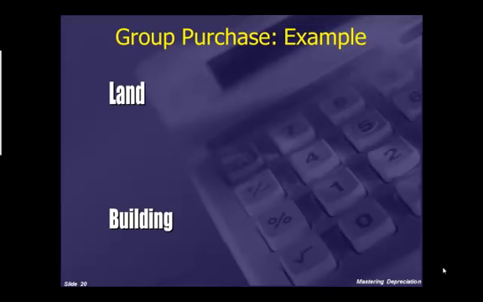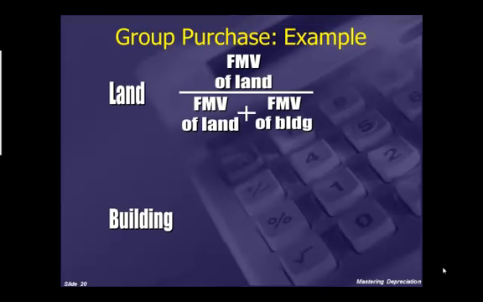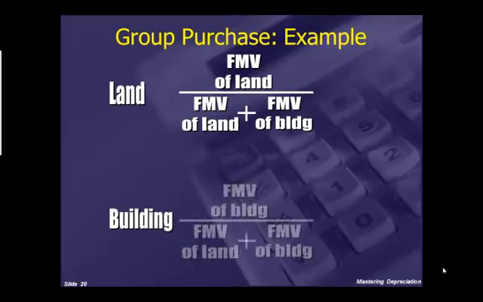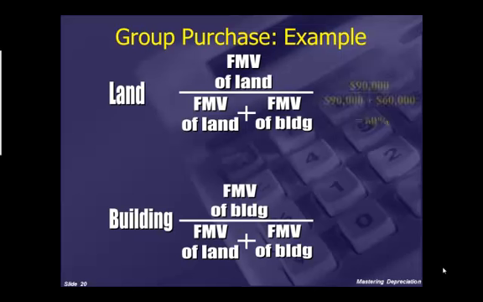Well, here's how we're going to treat this. The fair market value of the land divided by the fair market value of the land plus the fair market value of the building. And the building will be the fair market value of the building divided by, again, the same total denominator, fair market value of land plus fair market value of building. Well, the land, $90,000, divided by the total, $150,000, means that the land is valued at 60% of the total purchase price.